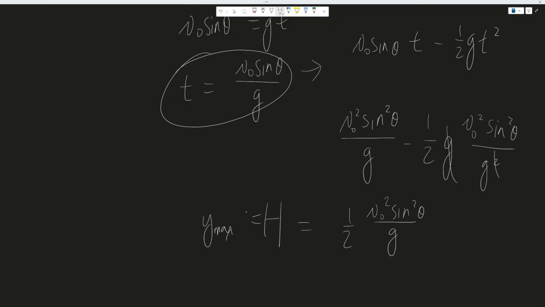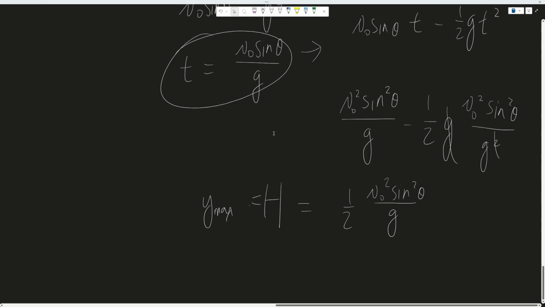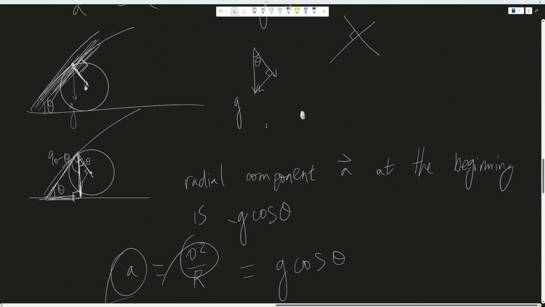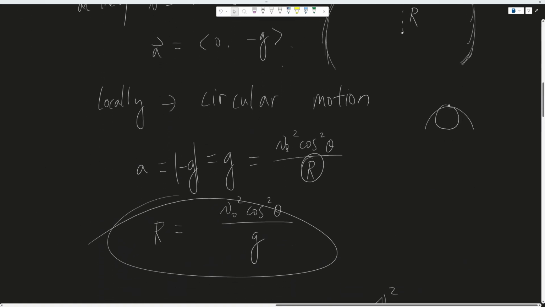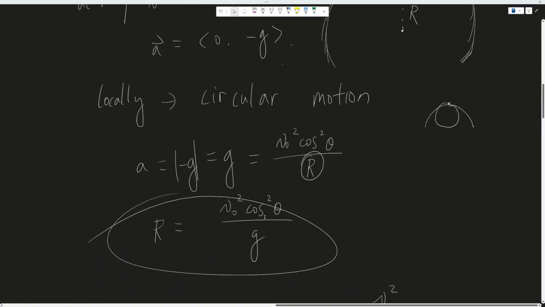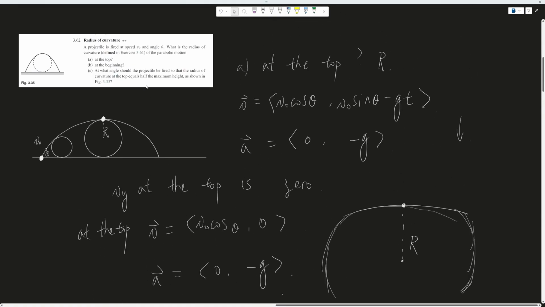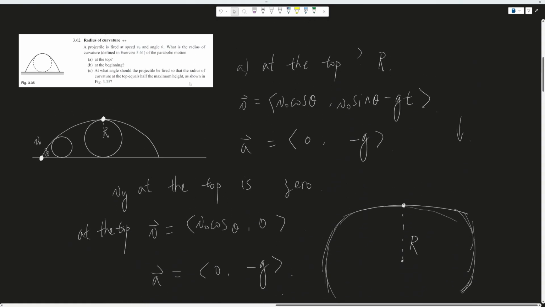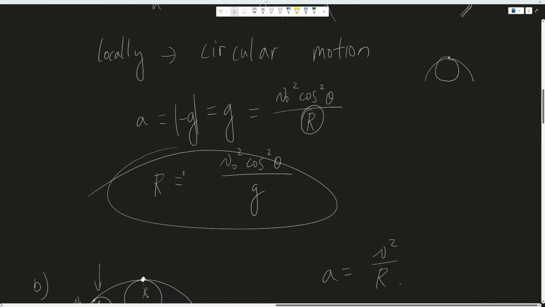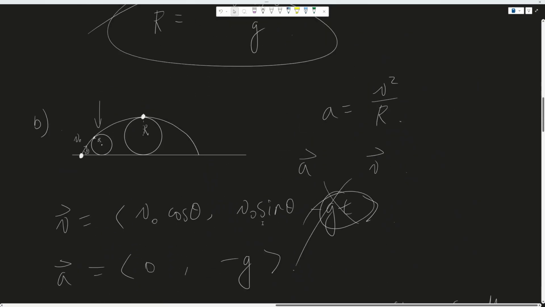And what can we do with it? Well, we knew at the top from part A, the radius of curvature is V0 squared cosine squared theta over g. So then we just have to plug half the maximum height into R, and then we will try to find theta.